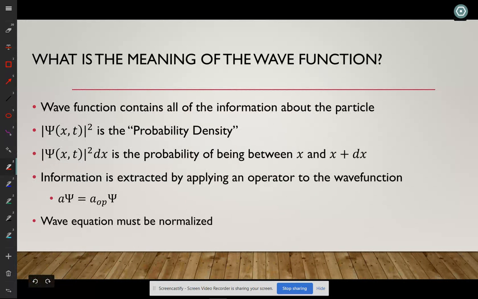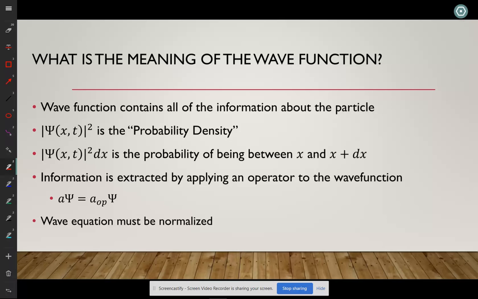So the meaning of the wave function, important things to note, psi mod squared is the probability density. That's the probability per unit space. And psi mod squared dx, then, you multiply by that piece of space dx, that's the probability of being in the region from x to x plus dx. And so normalization comes directly from that.